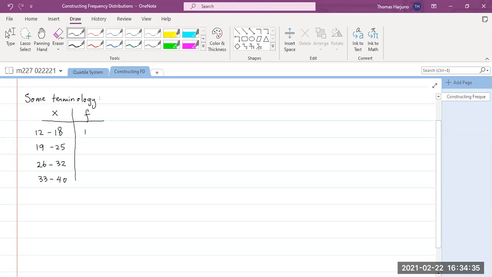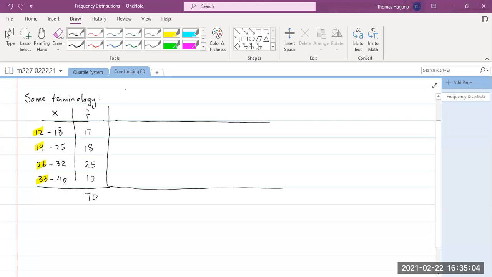Frequency, I just make up numbers: 17, 18, 25, 10. Now, all these numbers here are called the lower class limit.